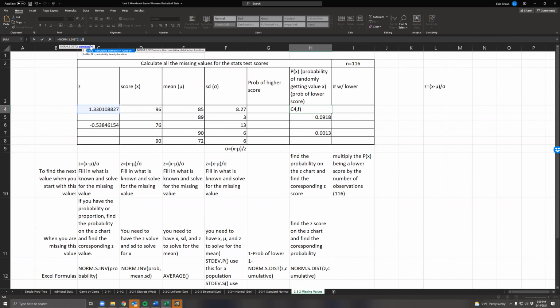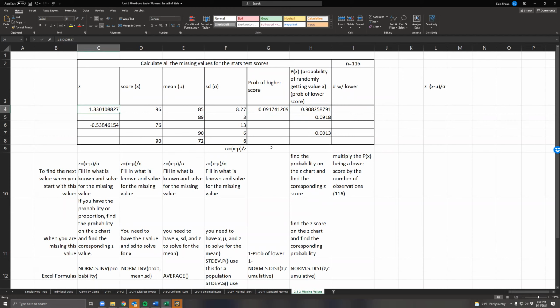It's so hard to keep all of these. I have a cheat sheet that tells you what to do for all of them. Because sometimes it's just hard to remember. Do I put true? Do I put false? You know what I'm saying? But right here, cumulative, it tells you the probability of it being below this 1.33, and then equals 1 minus this tells you the probability of it being above this z-score.